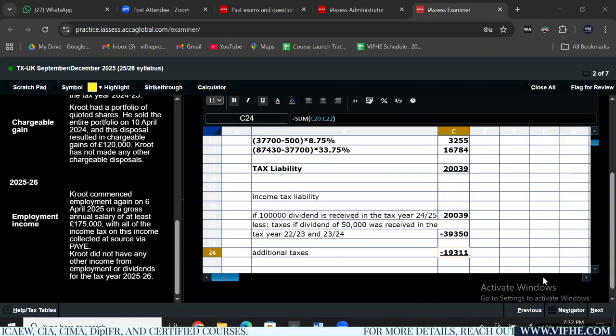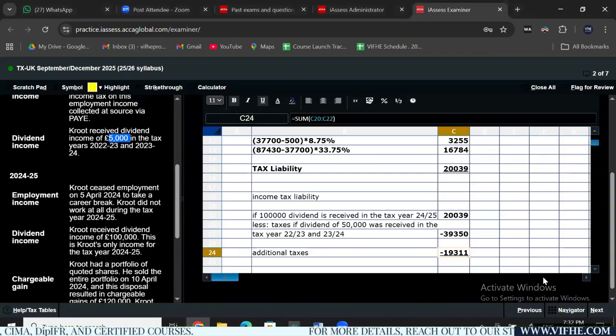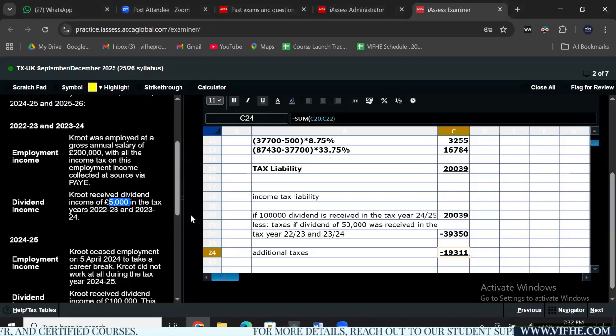The tax figures. Originally, what had been the tax implication for the tax year 2022-23? Crude was receiving an employment income of £200,000 and £5,000 was the figure of dividend. So technically, their overall income was £205,000, which is quite a lot.